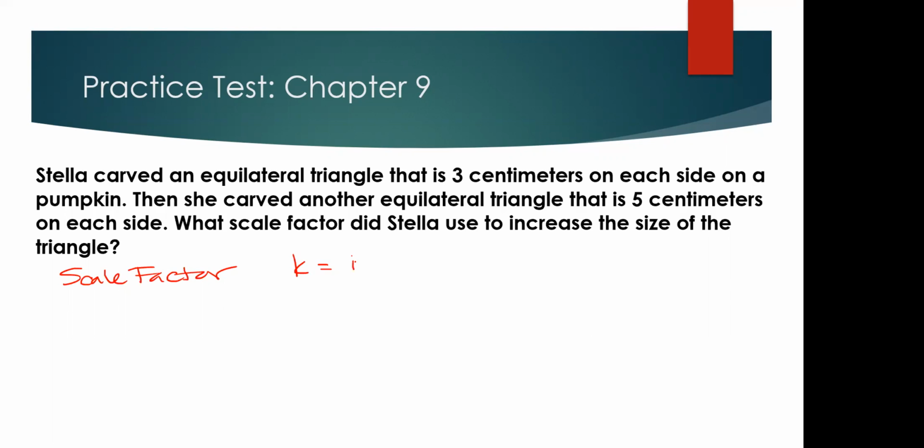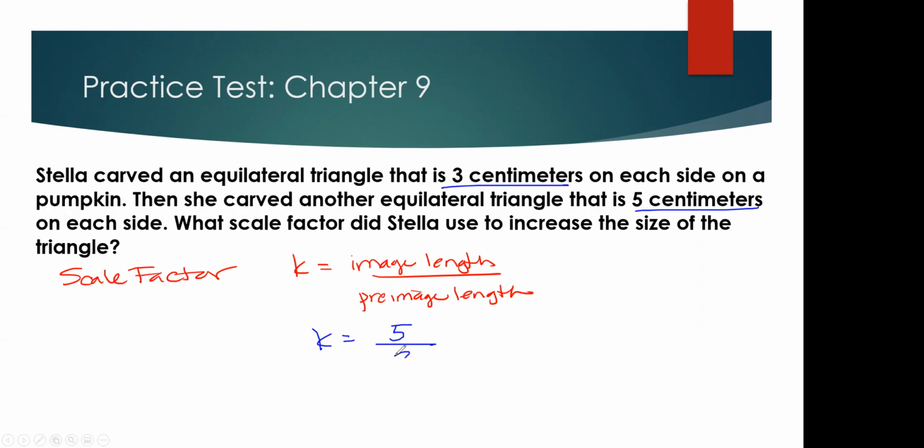We have the image length over the pre-image length. So the image length would be 5 centimeters, and the pre-image, that's what you started with, would be 3 centimeters. So our scale factor is 5/3.